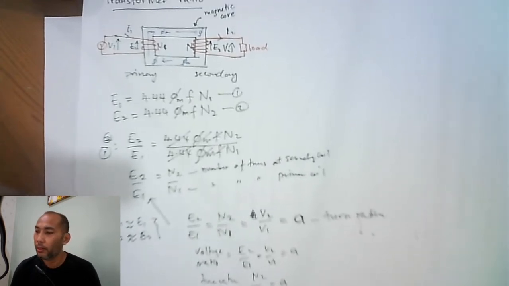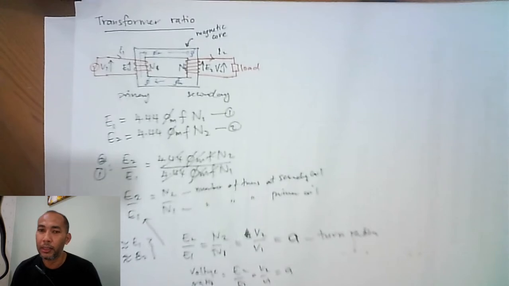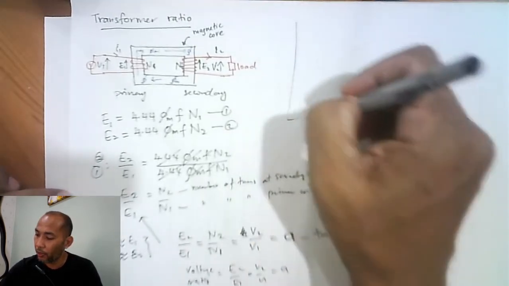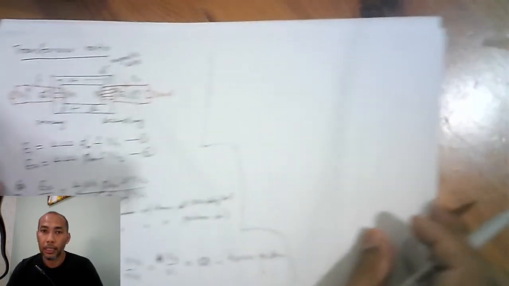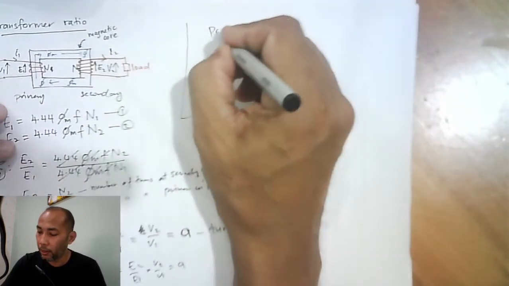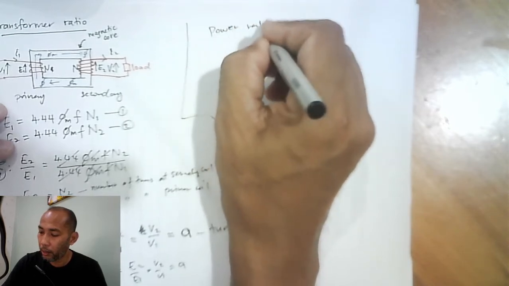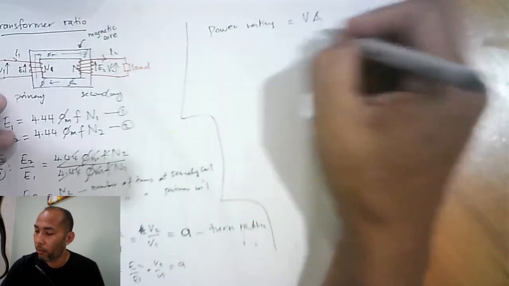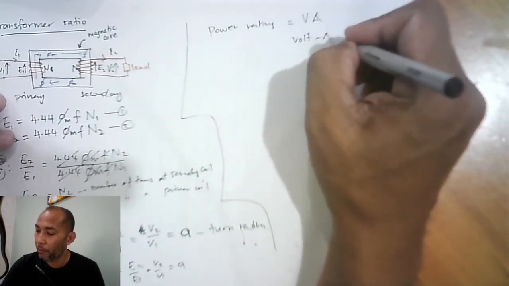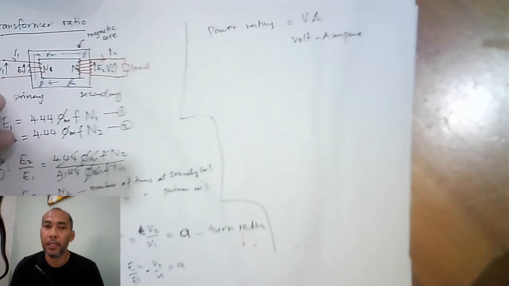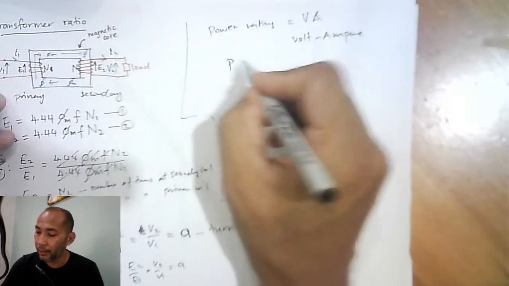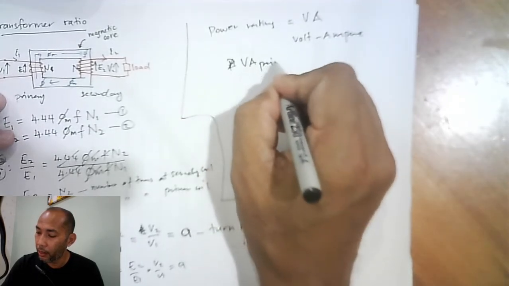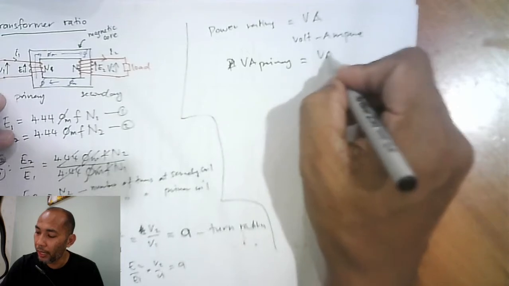Now, normally the power rating of a transformer is in VA, volt-ampere. The power at the primary side, VA at primary, equals VA at secondary.